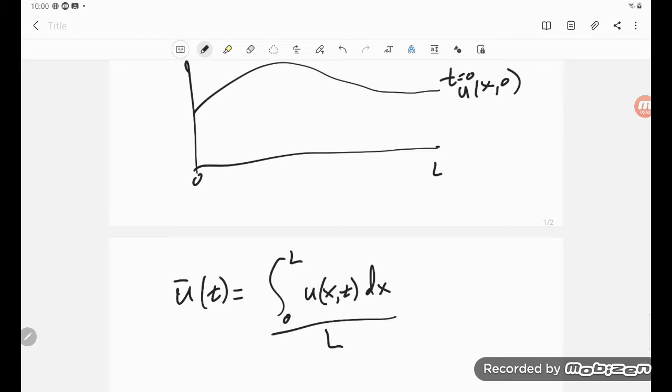And so at each time, whatever the solution is, it will satisfy this average every single time.